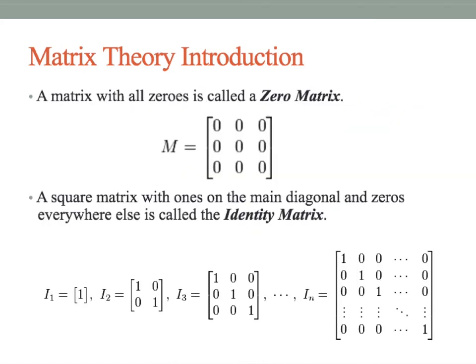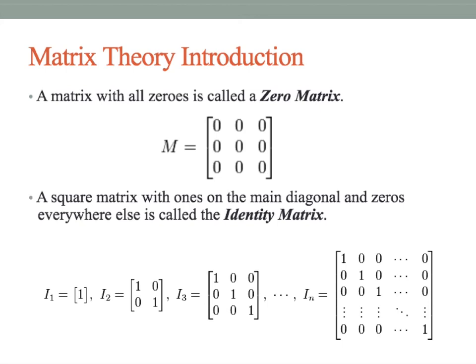Alright, our last two examples here are a zero matrix, a matrix with all zeros, pretty straightforward. And then next we have the identity matrix, and this one's kind of interesting. It's a square matrix first of all, so rows and columns must be the same. Notice that there are ones along the main diagonal, and zeros everywhere else.